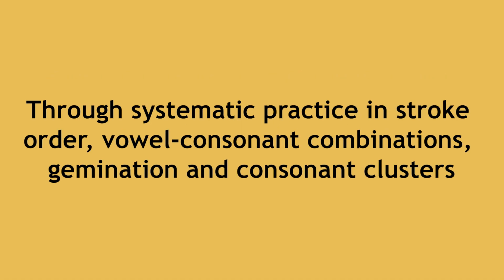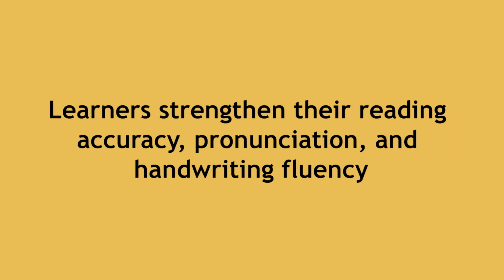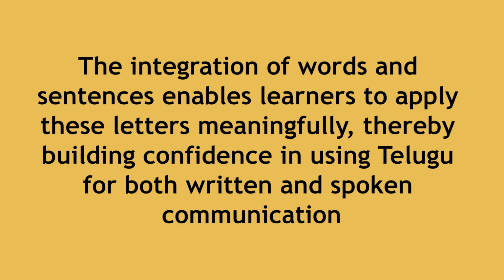Through systematic practice in stroke order, vowel-consonant combinations, gemination, and consonant clusters, learners strengthen their reading accuracy, pronunciation, and handwriting fluency. The integration of words and sentences enables learners to apply these letters meaningfully, thereby building confidence in using Telugu for both written and spoken communication.